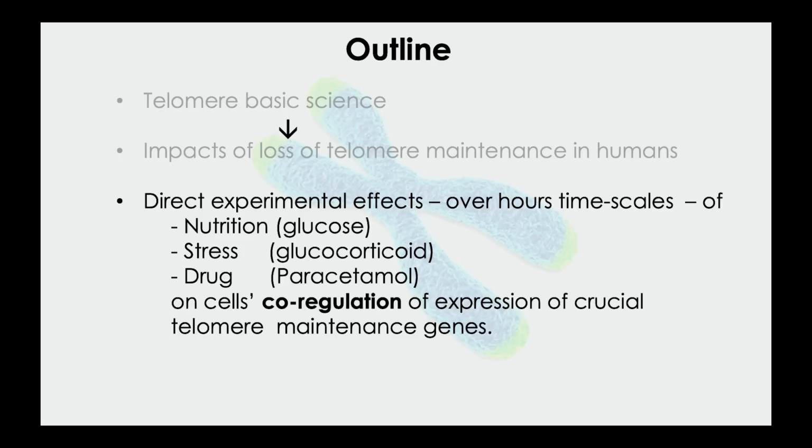We know insulin resistance and shorter telomeres really go together. We know that increased stress, dosage and chronicity, causes shorter telomeres. I want to show you one drug, a common headache drug, which was quite surprising. I'll take you through these, and these are all direct exposures in vitro. So let's have a look.